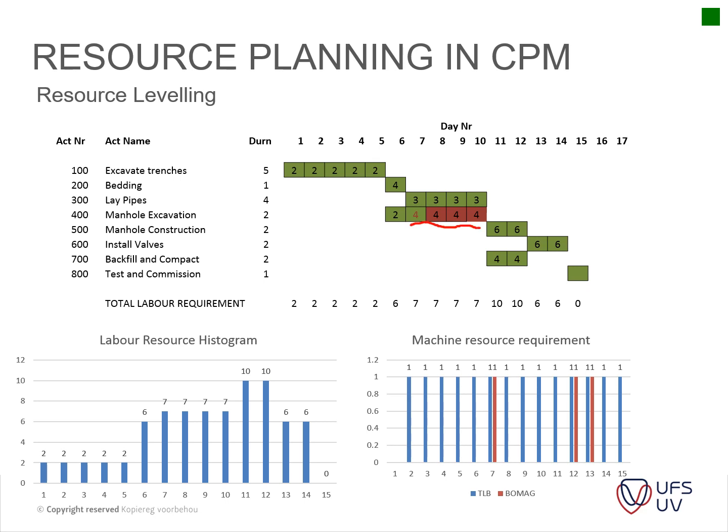I think it's the pipe laying that just moves out one day, together with your excavations, which moves the project by 1 day if you level it to 1 TLB, and if you level your laborers to 8. I just want to see why it's still adding that up.